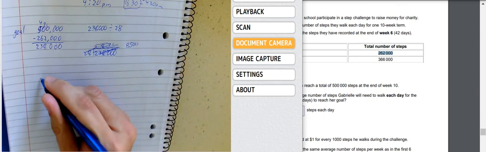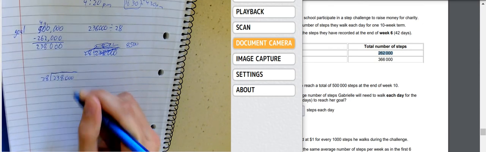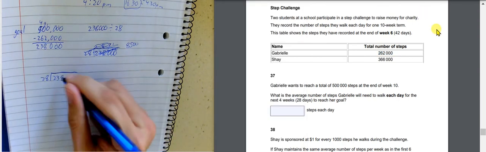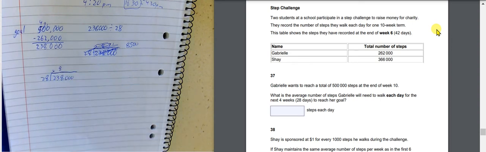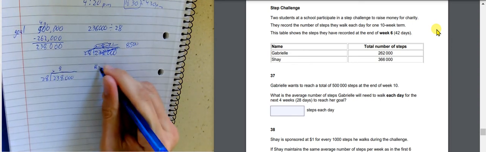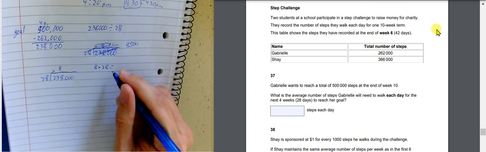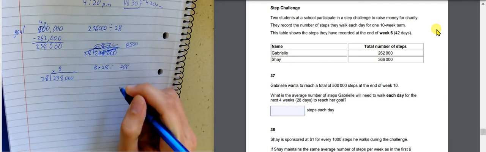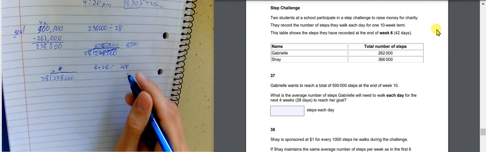I could do with the practice. 28 into 238,000. 8 times 28, this is extra math practice for everybody. 8 times 28 equals, 8 times 20 is 160 plus 48, that's 208. So plus another 28 will be 236, won't it?